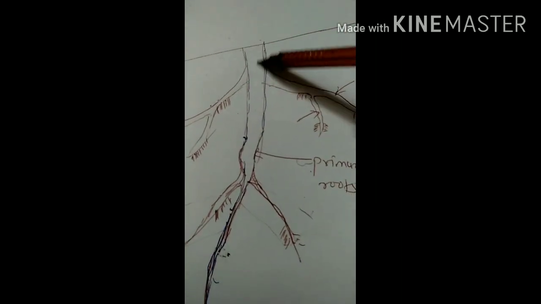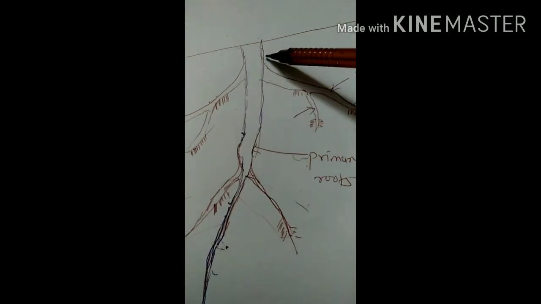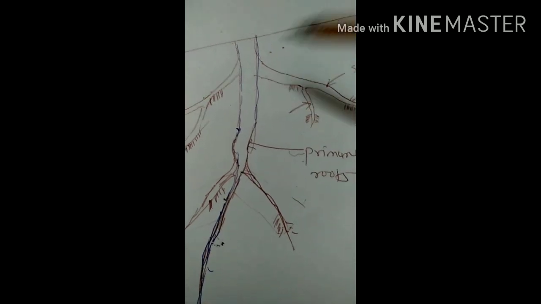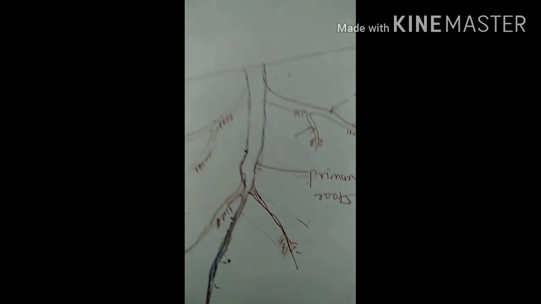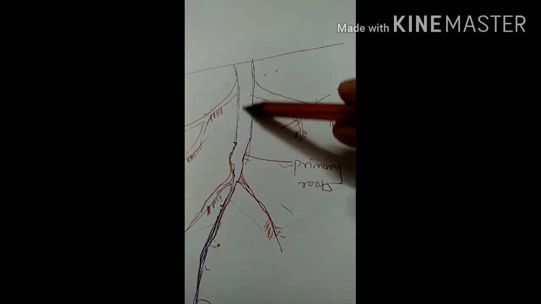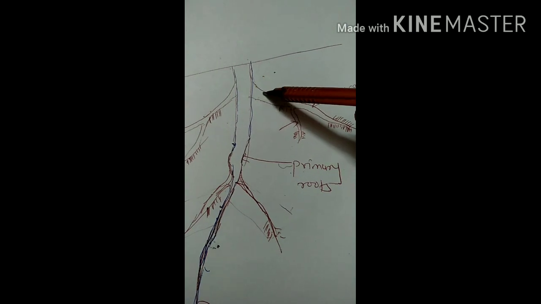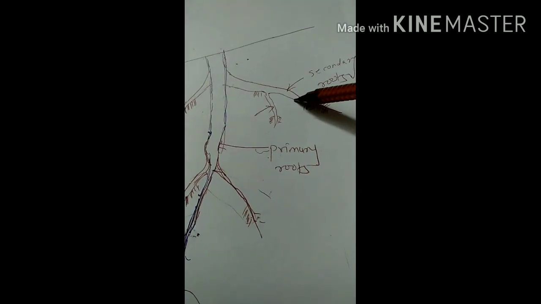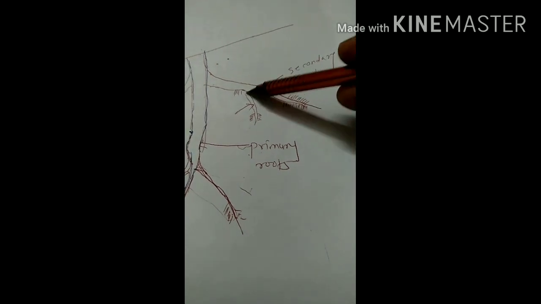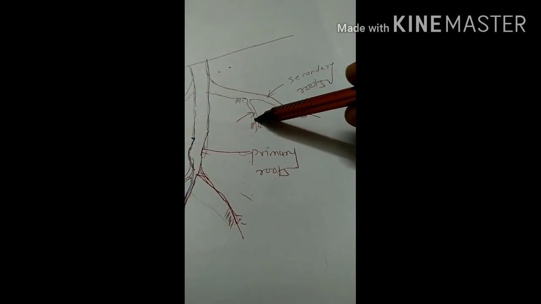The root is thick near the soil. This root is called the primary root. The branches on this primary root are called secondary roots, and the branches on secondary roots are called tertiary roots.